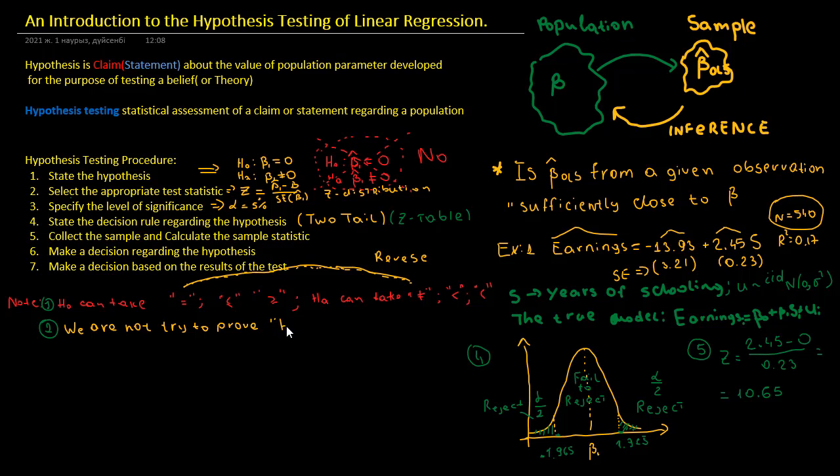We should keep in mind that we are not trying to prove the correctness of the null hypothesis. We try to provide evidence to reject the null hypothesis. According to how strong our evidence is, we can reject or fail to reject our null hypothesis.